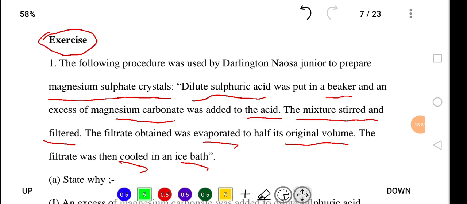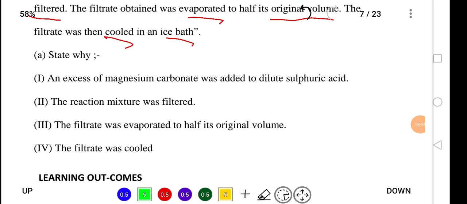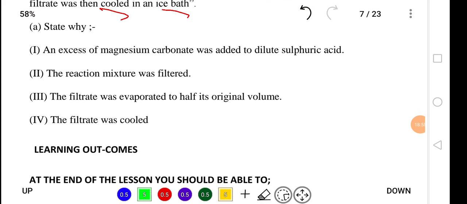And then we can look at the questions. State why excess magnesium carbonate was added to dilute sulfuric acid. My dear learners, you should be able to pause the video and answer the question.